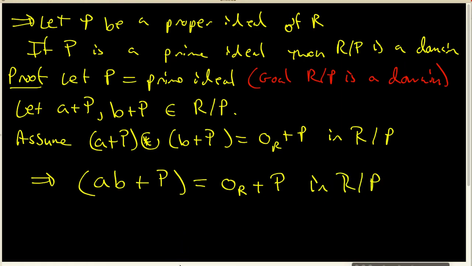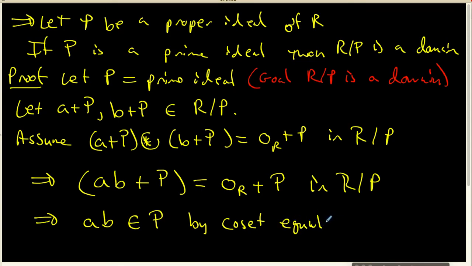Now, what does this say? Well, that says that AB has to be inside P by coset equality. Two sets are equal when their difference belongs to the ideal, and AB minus 0 is just AB.